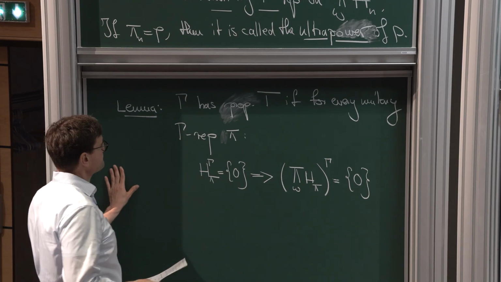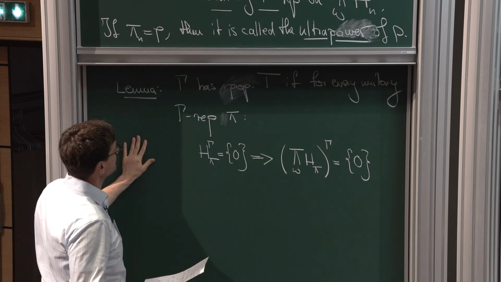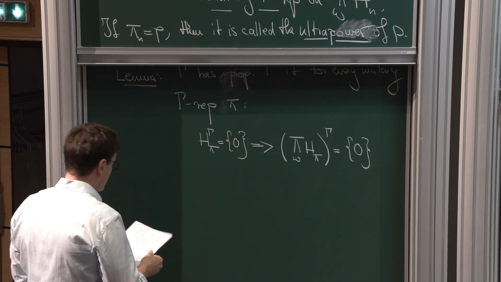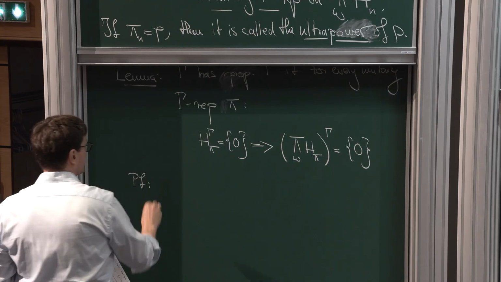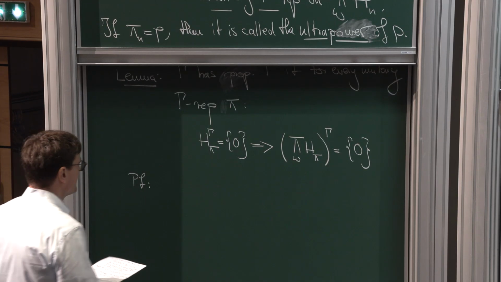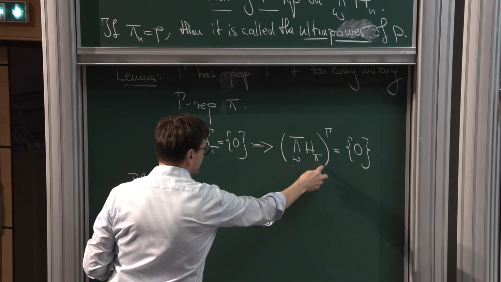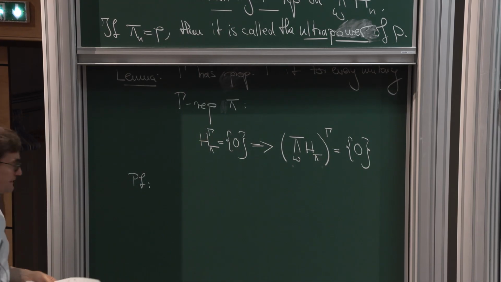And why is that? It's just looking at the definition. What does it mean that we have an invariant vector in here?